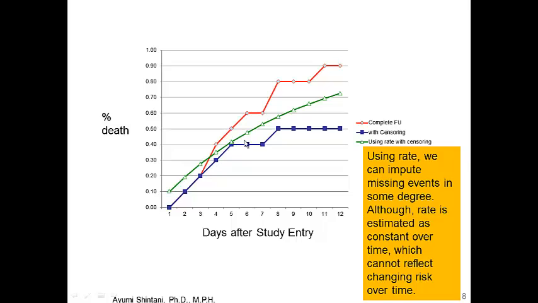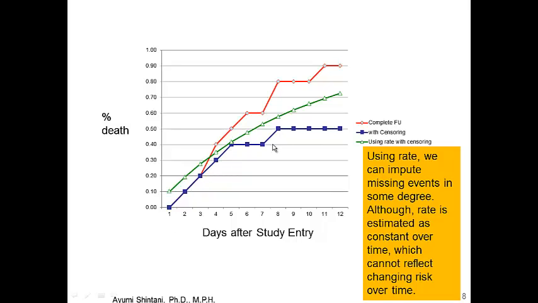So if you plot this cumulative probability of death, then you have a green curve. So the green curve is actually higher than the cumulative probability you get by simply counting the number of deaths divided by 10, which is the blue line.